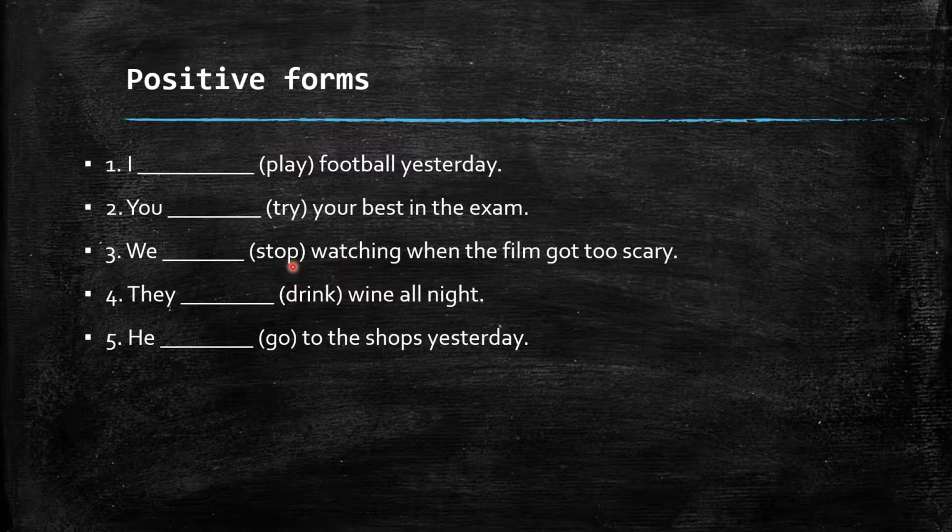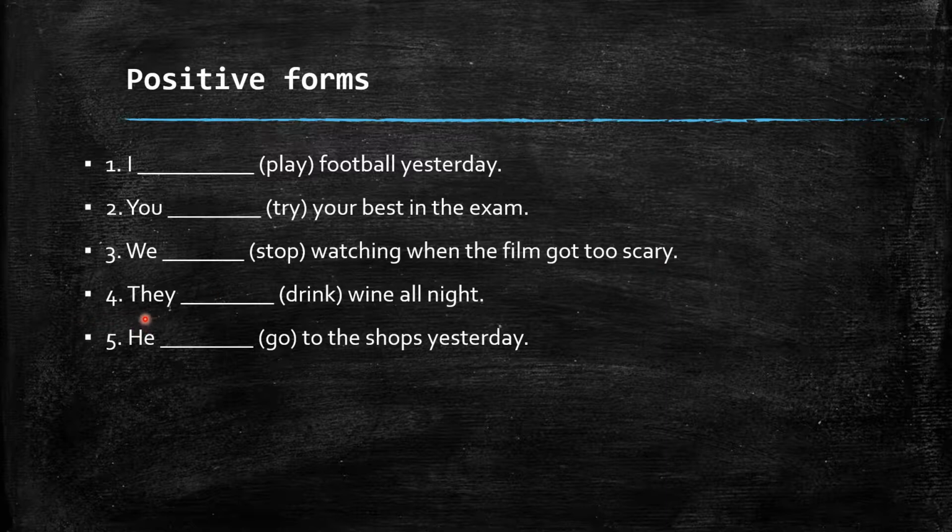So what we need to do is double this last consonant. So in this case, we would double the P. S-T-O-P-P-E-D. We stopped watching when the film got too scary.